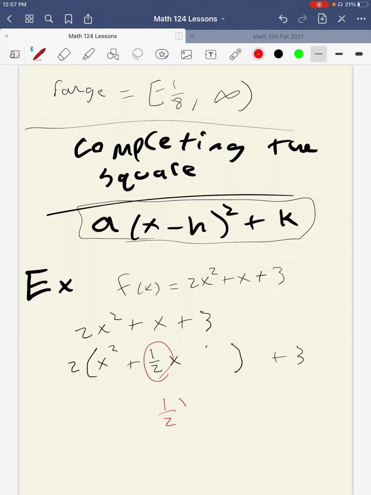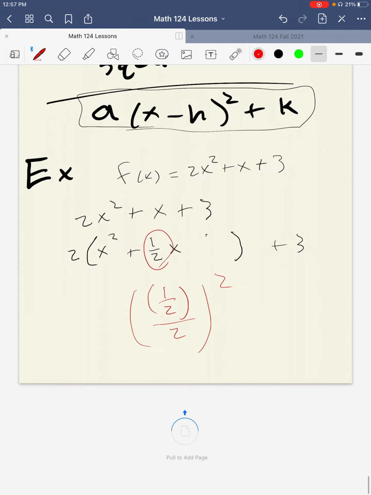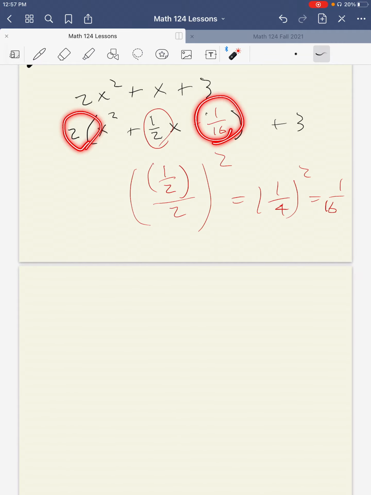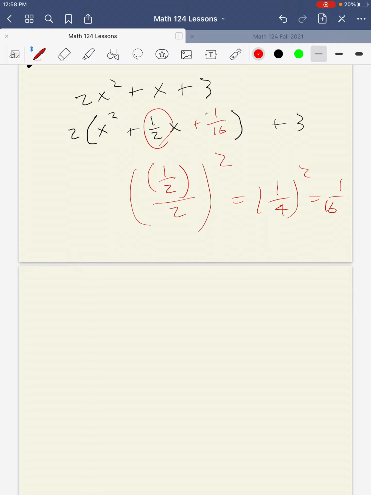So if I take 1/2 and cut it in half and square the whole thing, I am left with 1/4 squared, which is 1/16. So I need to add 1/16 in here, but it was really 1/16 times 2. So to balance the equation out, I need to minus the same number. I added a number and then minused it, so it's like adding 0 to the function. It does not change the original function.